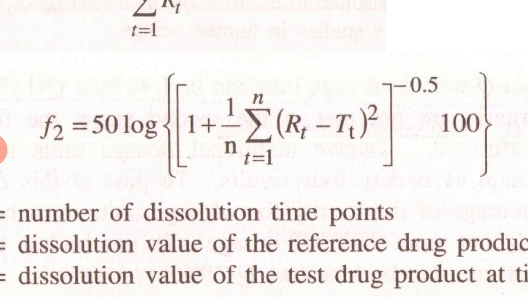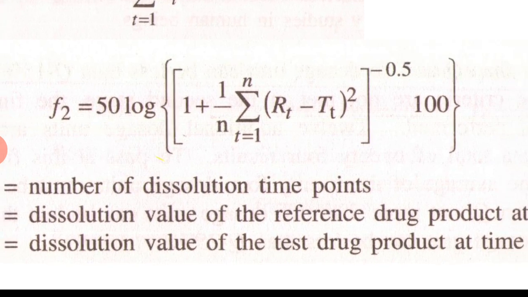So if it is 6, n is equal to 6. Variable n is the only new factor here. RT and TT are the reference and test at the time points. You take the square, raise to the power 0.5, then minus 0.5, multiply with 100, take the logarithm and multiply with 50. You will get the value of F2.